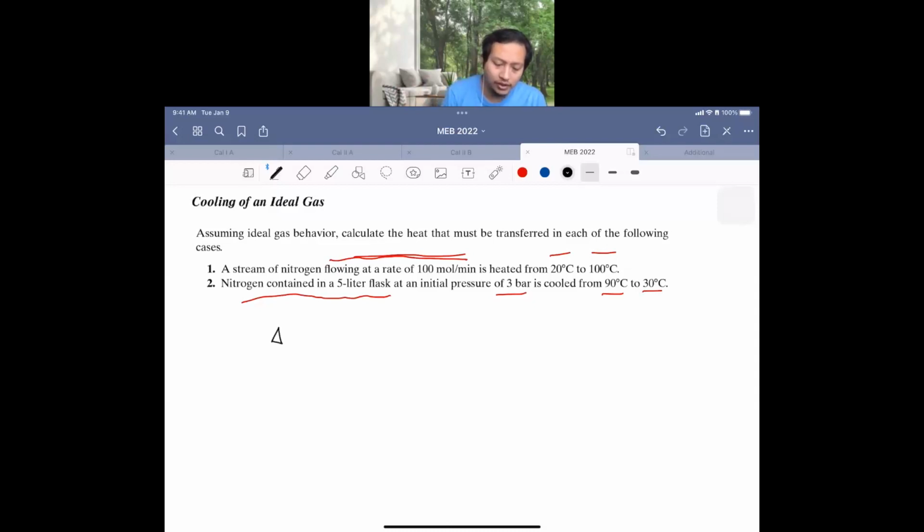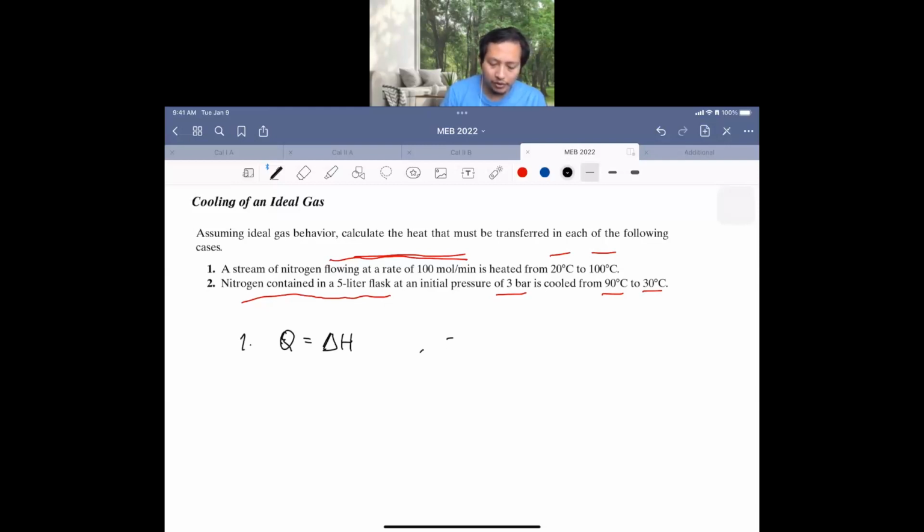So the heat is the change in enthalpy, because the enthalpy is considered larger than the other parts of the energy. This will be for number one.